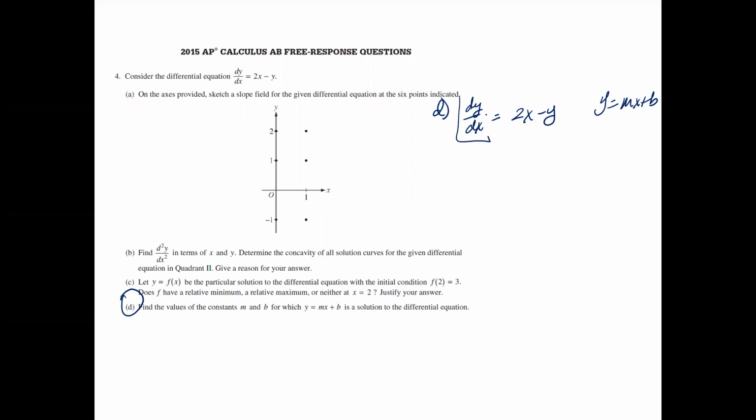You know that dy over dx is the slope, so m is equal to 2x minus y. And I can solve for y by writing y is equal to 2x minus m.